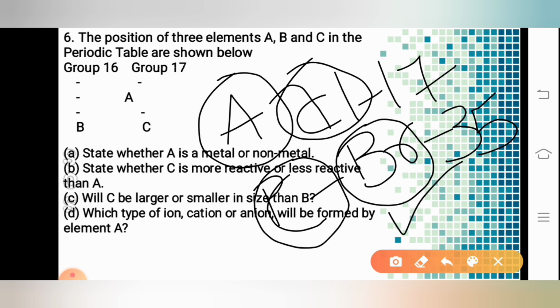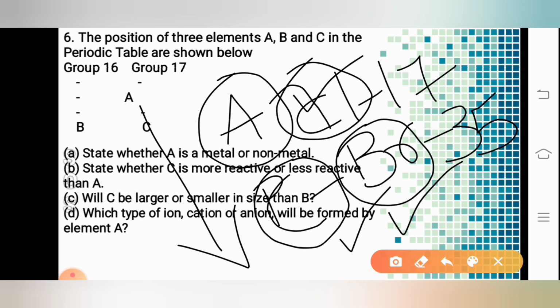Bromine has more atomic number than chlorine. Correct? And if we compare elements A and C in this group, we know that as we go down the group, the metallic character decreases. Correct?